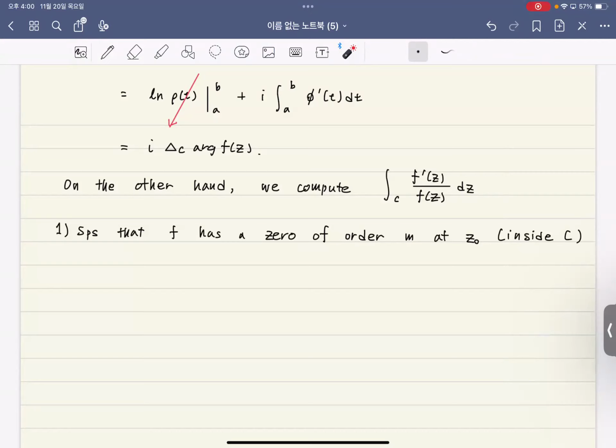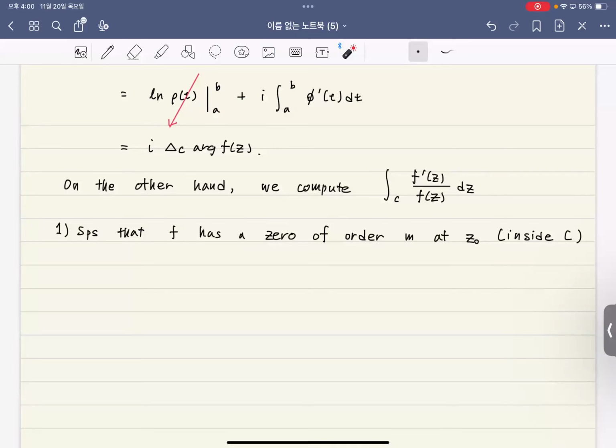So how many singularities can you expect from this function? Well, clearly this function may have some singularities when f of z equals 0. In other words, the zeros of f should be considered as the singularities of this integrand function.